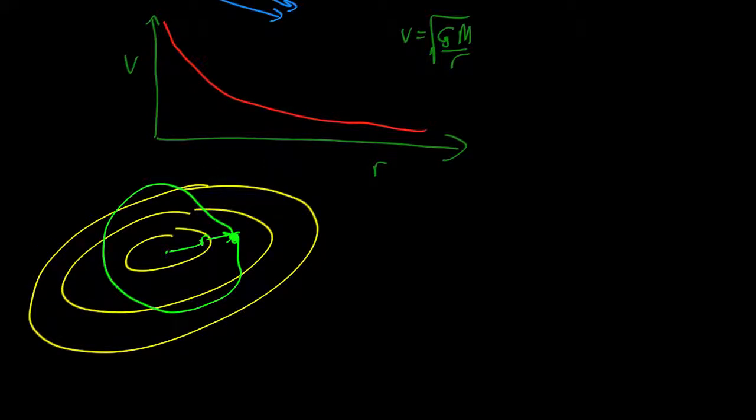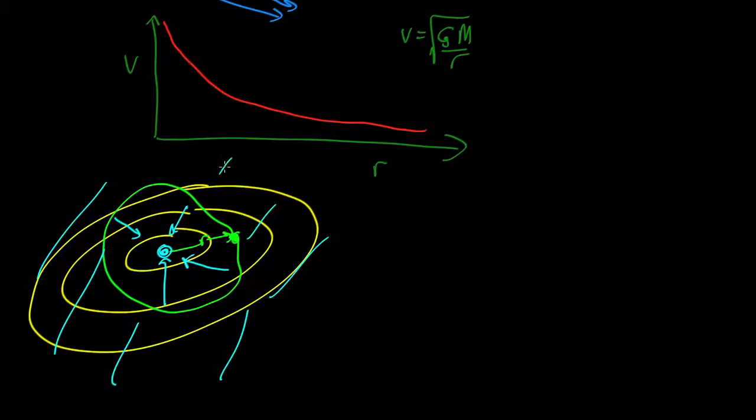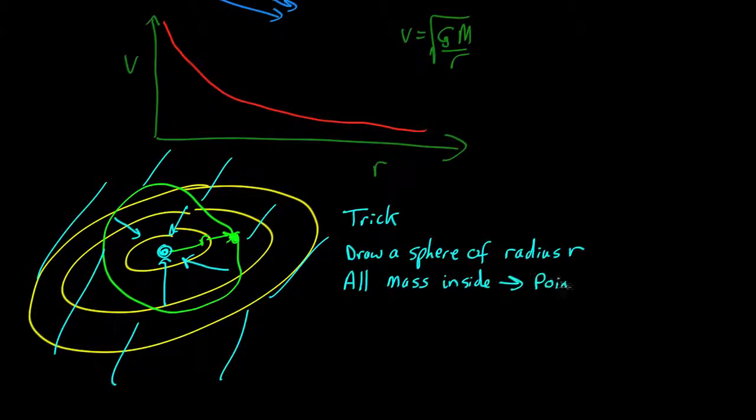All the mass that's inside this radius, you can approximate as just being a lump in the middle. And all the mass that's outside, you can ignore. So that's the trick. Draw a sphere of radius r. Move all the mass inside the sphere to the point in the center. All the mass outside, you ignore.